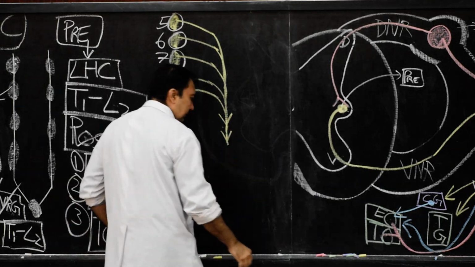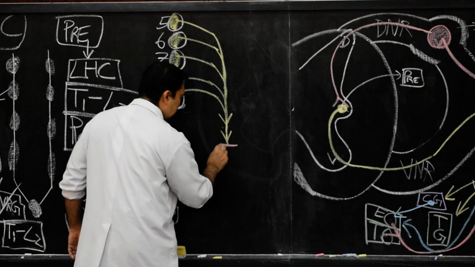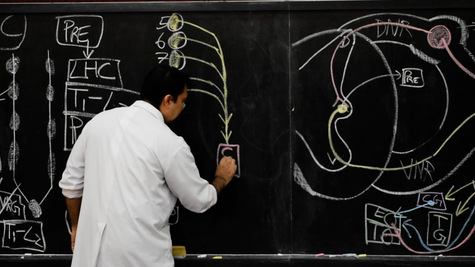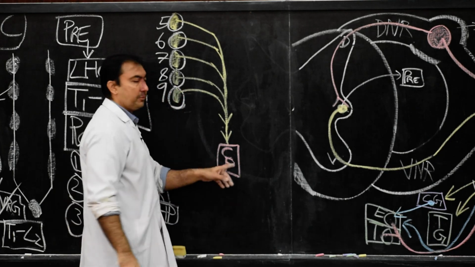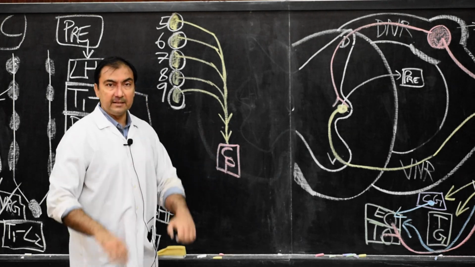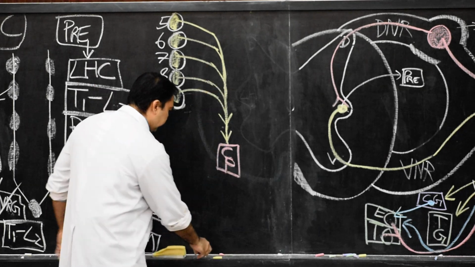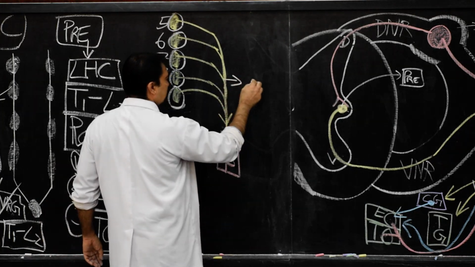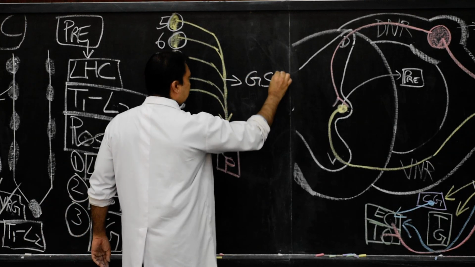Where they will relay? They will relay within the celiac plexus in the abdomen. That celiac plexus is one of the collateral ganglia. And this nerve which is formed over here is known as greater splanchnic nerve.